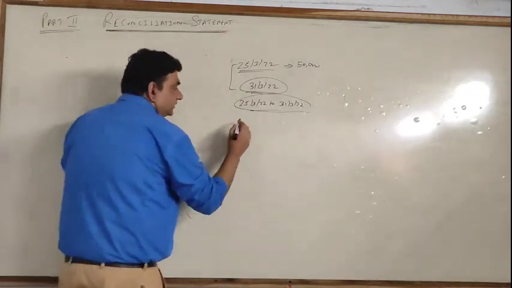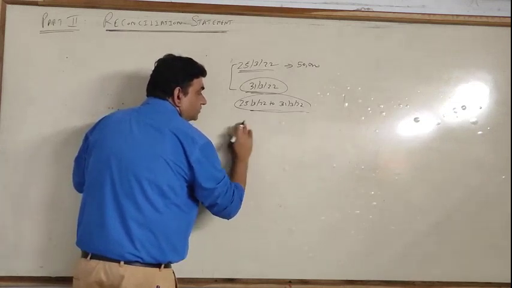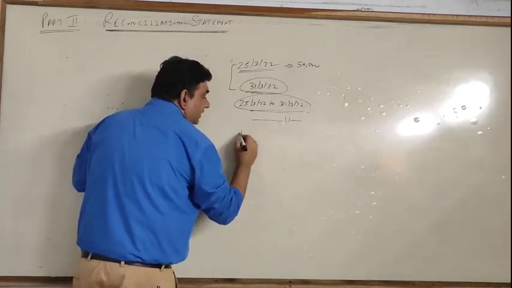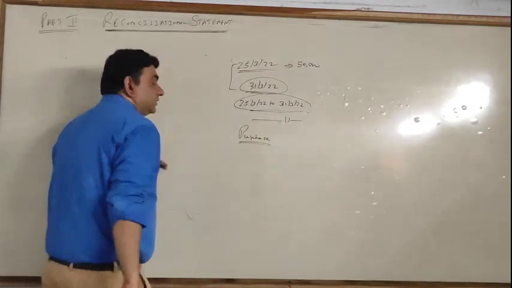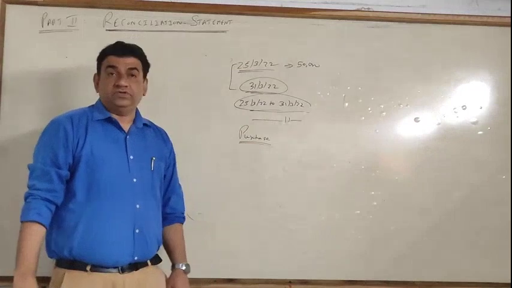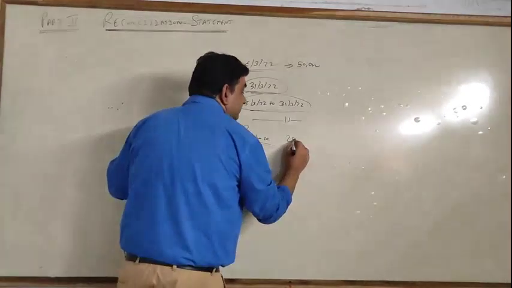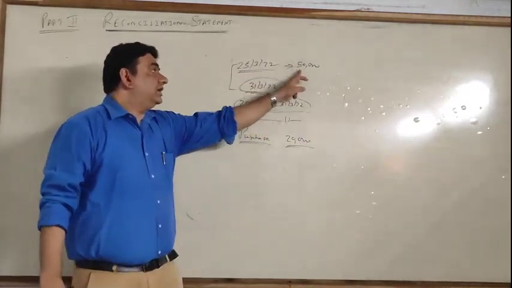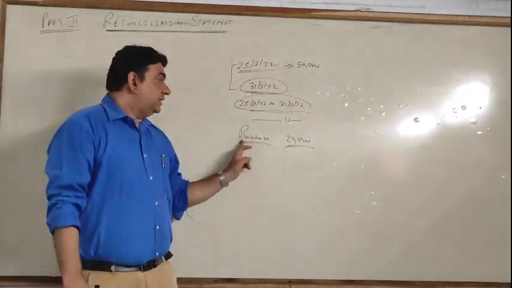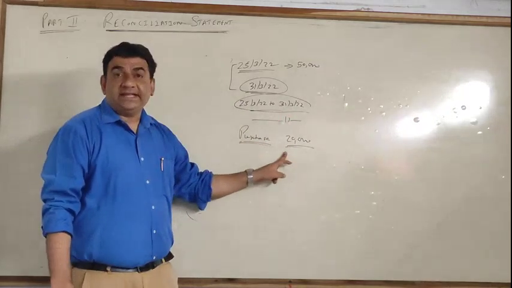Now tell me, 25th March to 31st March, this same date, I have purchased some goods. Say for example, the value of those goods purchased is 20,000.